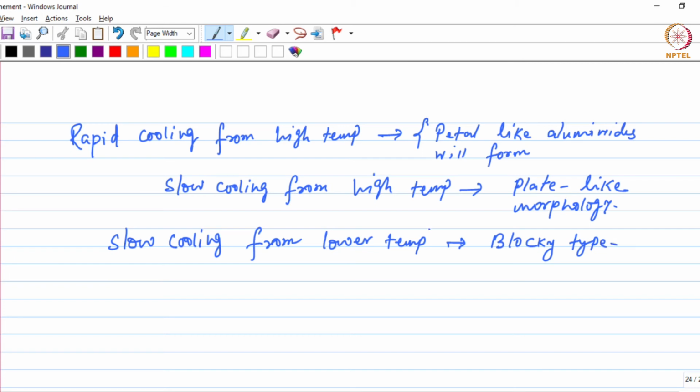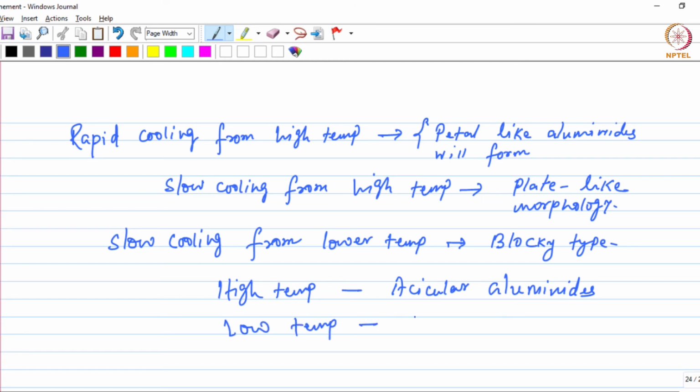And generally, if you have high temperature, you can expect a circular kind of morphology for the intermetallic particles, the aluminides, and for low temperature, it will be equiaxed.